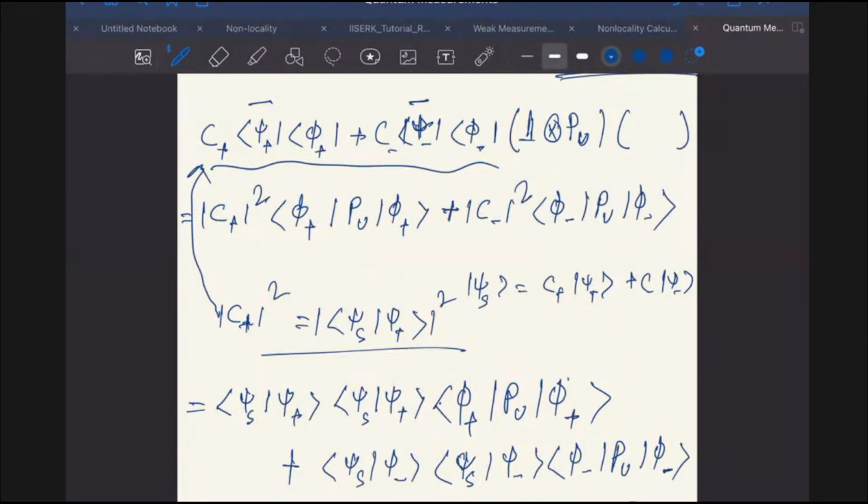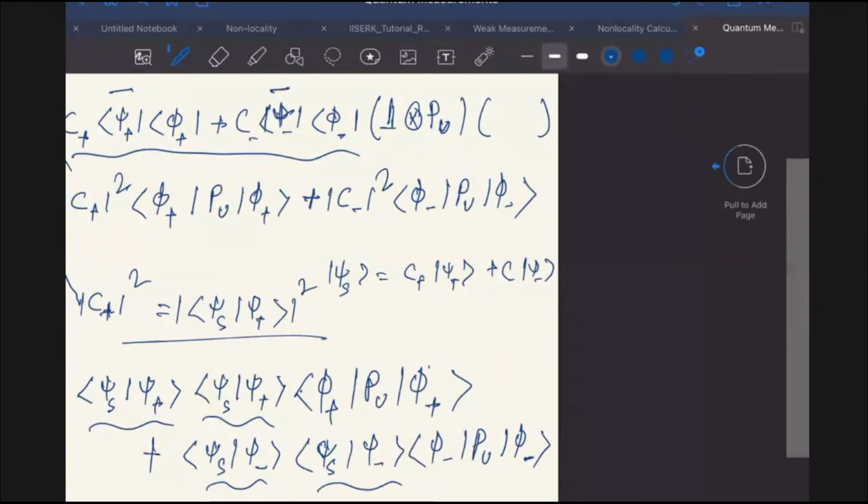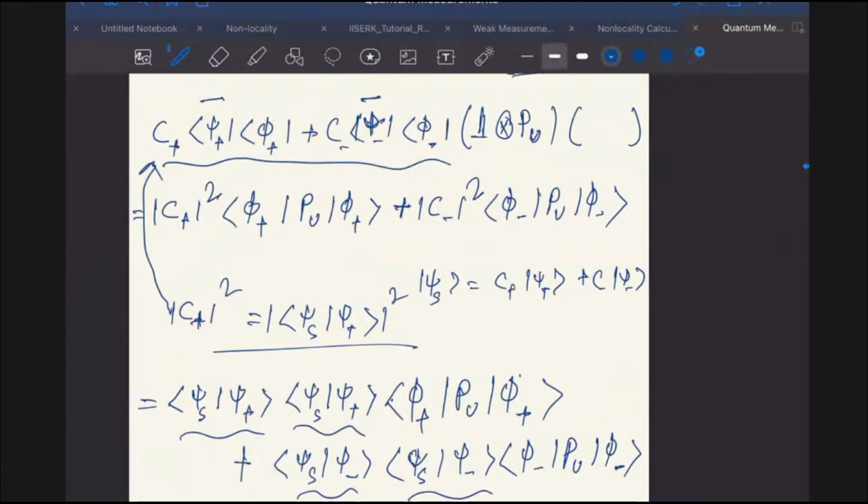Okay. So these are numbers, right? I can place them anywhere. Yes. So let us make a slight manipulation.